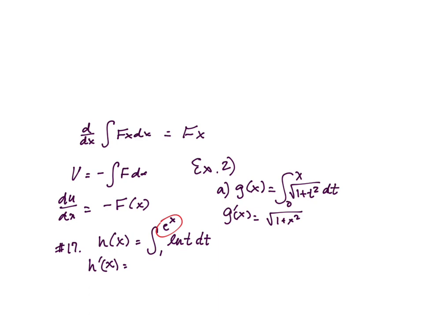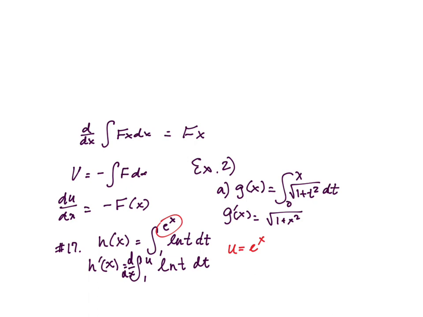So what we have to do is use a letter, u, and swap that out and rewrite our integration statement here. So h prime of x is going to be d dx of the integral from 1 to u of natural log t dt.